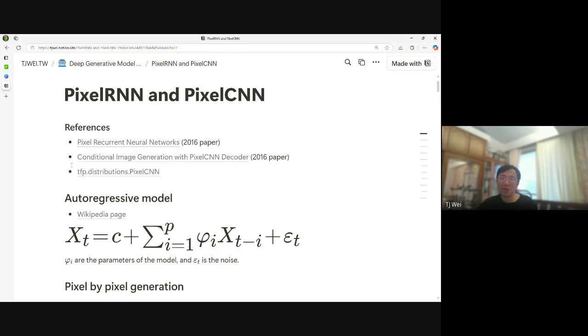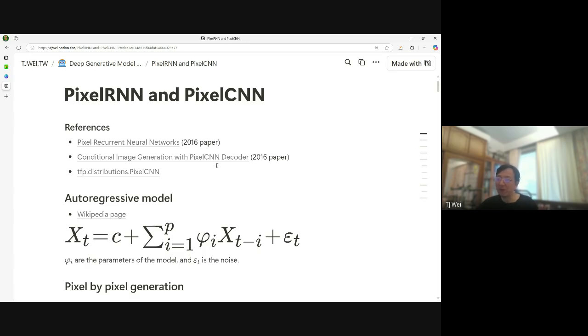Although the title suggests it is focusing on conditional image generation, I think the most important part of this paper is the introduction of the gated CNN, because in my experience, and a lot of people suggest, it is a very powerful tool if you wish to use CNN in an autoregressive way, or maybe in general.